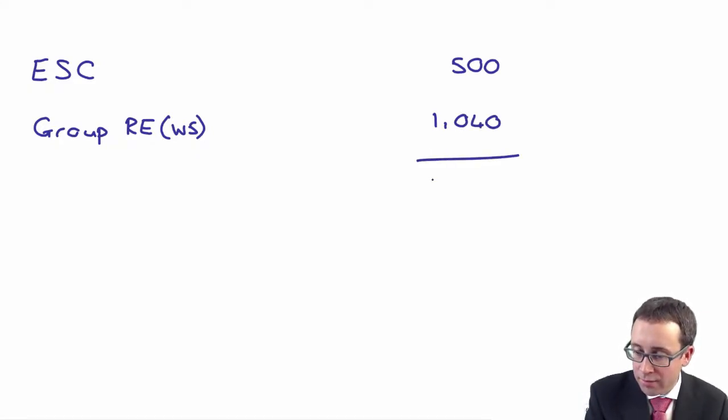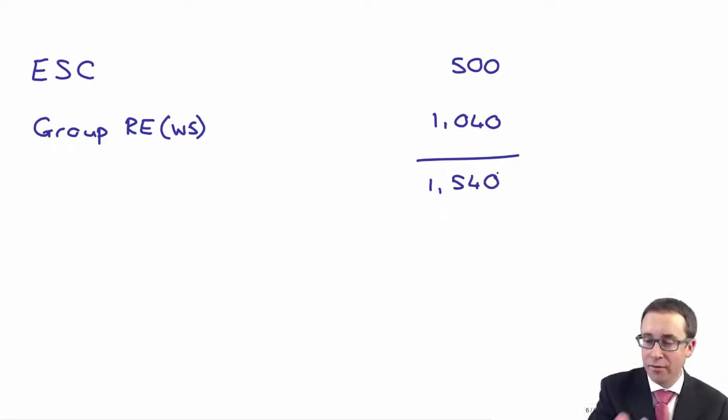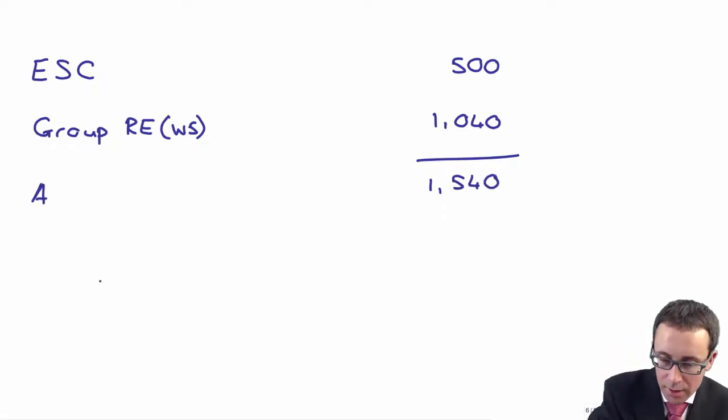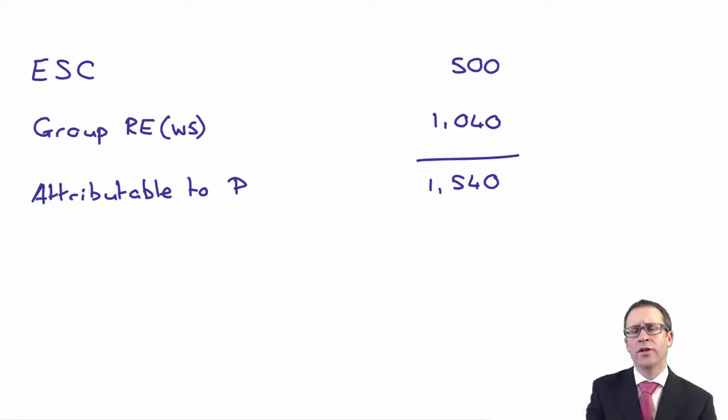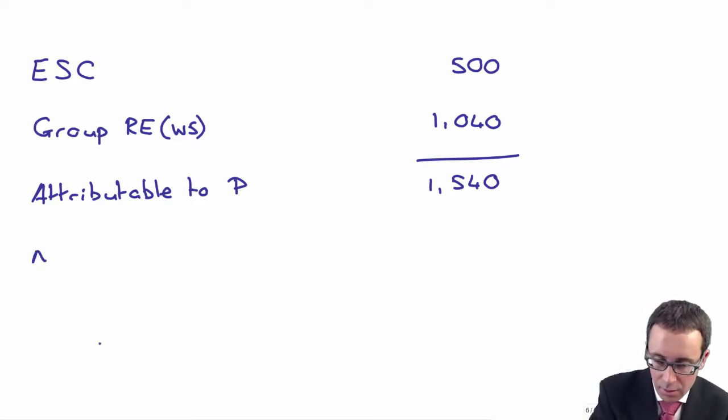You don't have to, but just so you have a thorough understanding, that 1540 is the equity attributable to the parent. That's essentially what the parent owns. It owns all of its share capital, all of its retained earnings, and its share of S's post-acquisition.